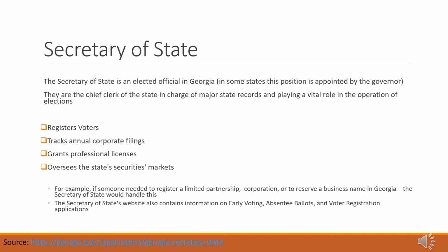For example, if someone needed to register a limited partnership, corporation, or to reserve a business name in Georgia, the Secretary of State would handle this. The Secretary of State's website also contains information on early voting, absentee ballots, and voter registration applications.